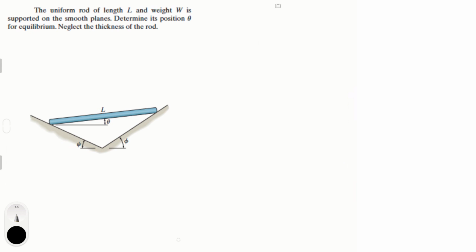I'm going to replace cosine of phi plus theta and cosine of phi minus theta back to what they were with the trigonometric identities that I showed you before that you should have on your cheat sheet.